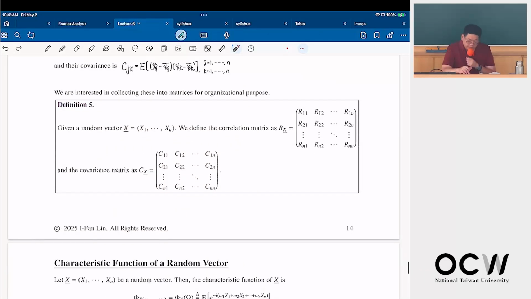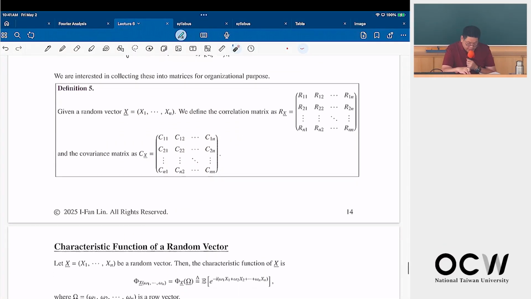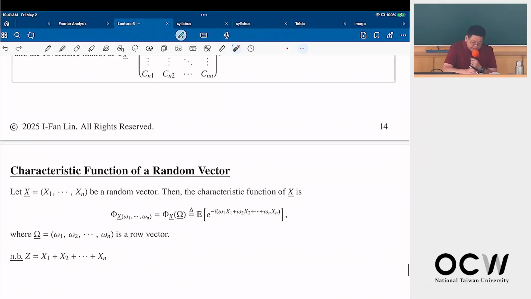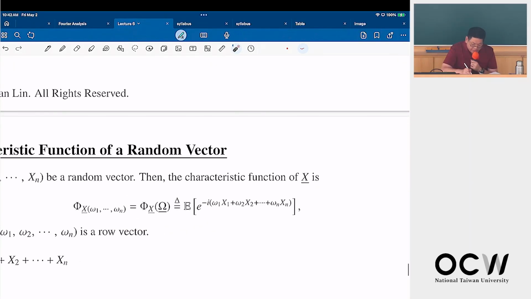Next, let's see the characteristic function of a random vector. For x a random vector, the definition of the characteristic function is here. I have omega 1 to omega n, which defines omega as a vector. It is the expectation of the exponential to the power minus i times omega 1 times x1, then omega 2 times x2, and so on.